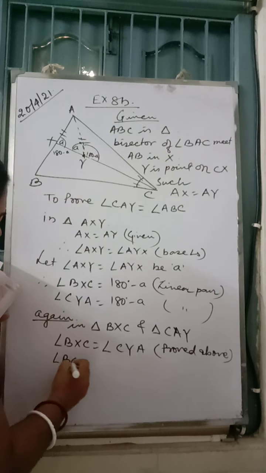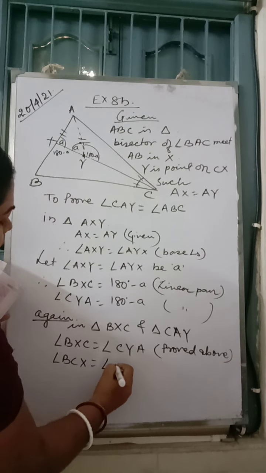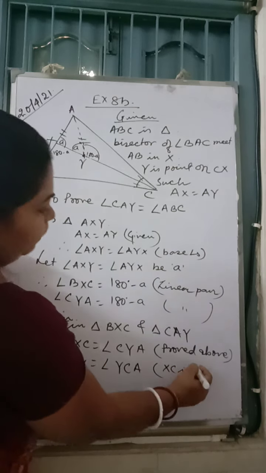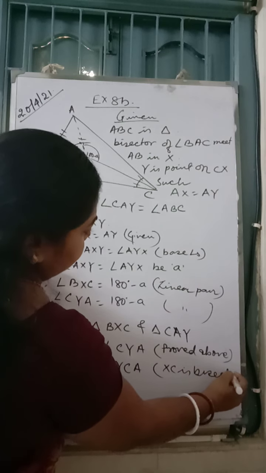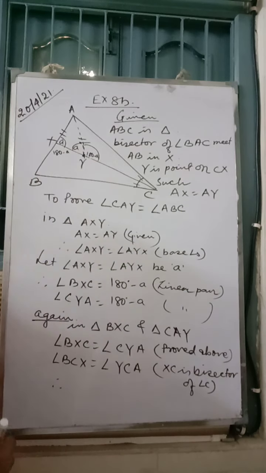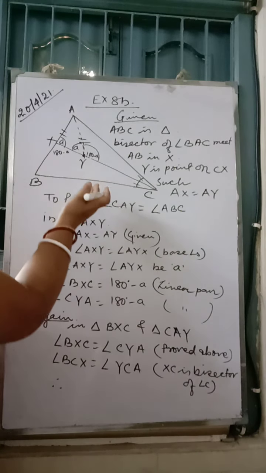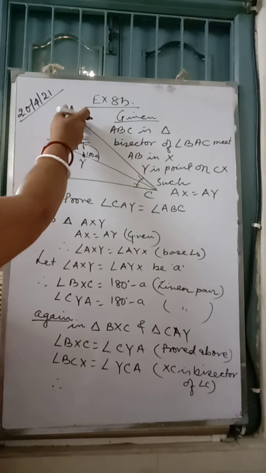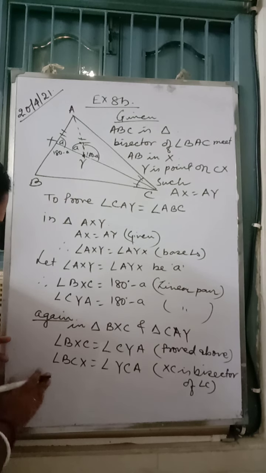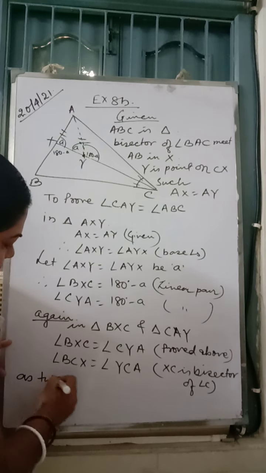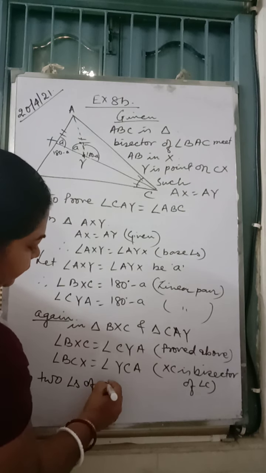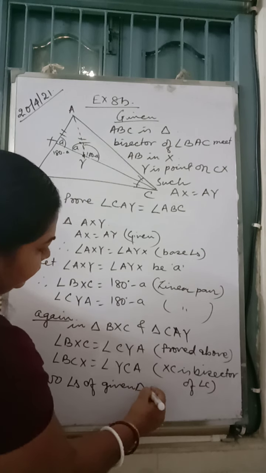Angle BCX is equal to angle YCA, as XC is the bisector of angle C. So if two angles are equal, the third angle surely will be equal. We know the sum of the three angles is 180. If two angles of the given triangles are equal, the third angle will surely be equal.